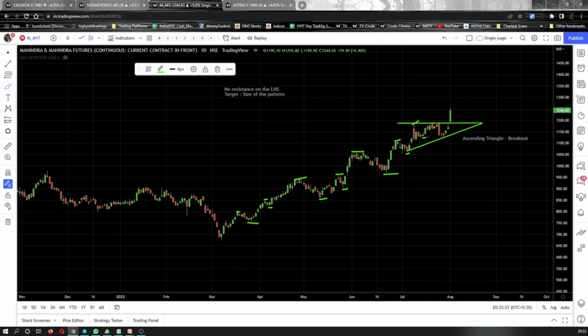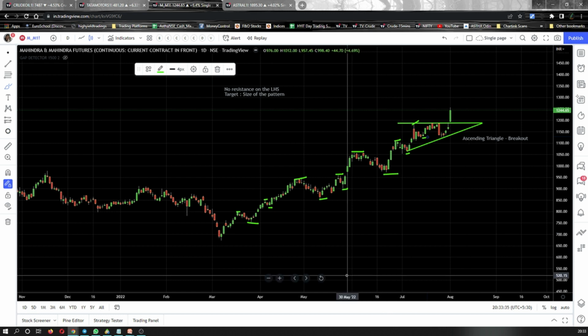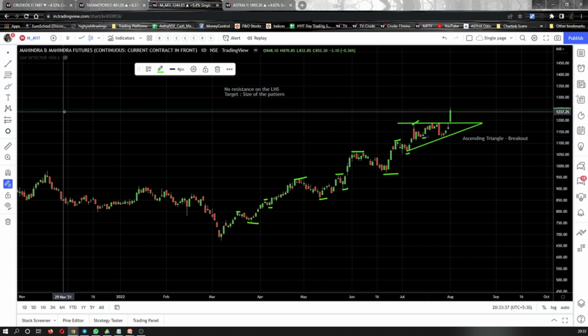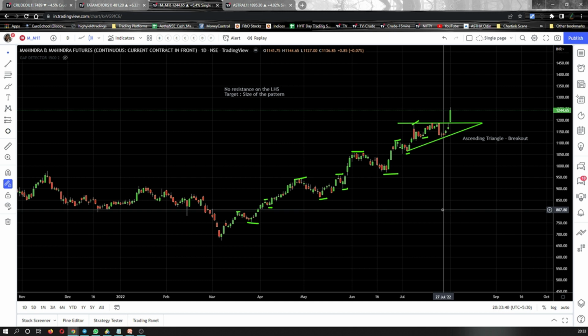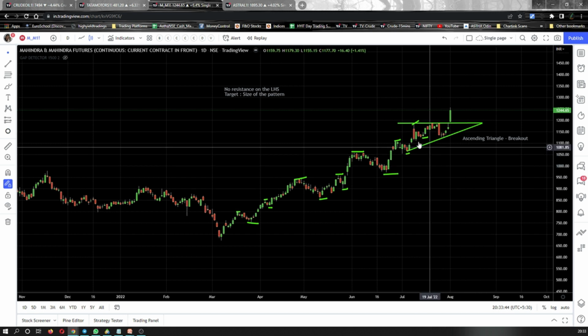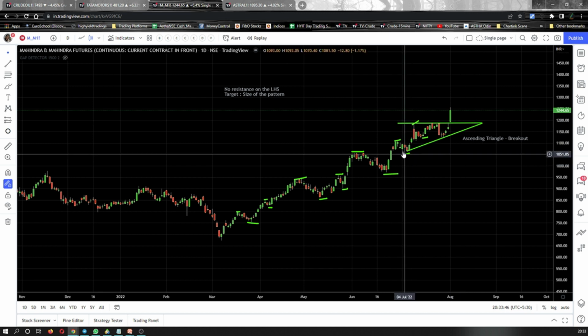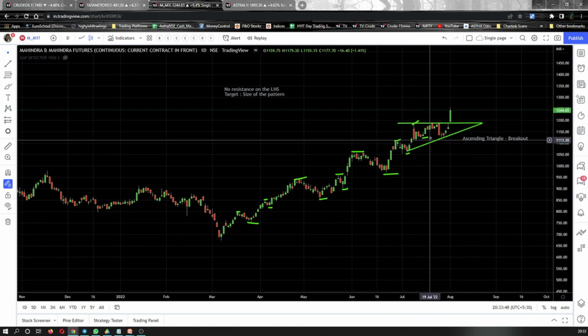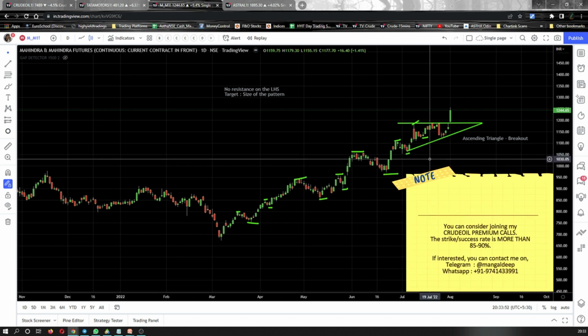Okay, and during this phase, while it was making higher highs and higher lows, it went ahead and formed an ascending triangle. So this chart pattern that you see here is an ascending triangle. If I talk a bit about the ascending triangle, that is one of the continuation patterns, I would say.